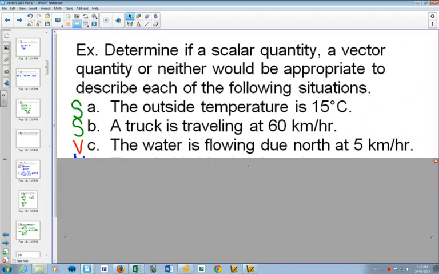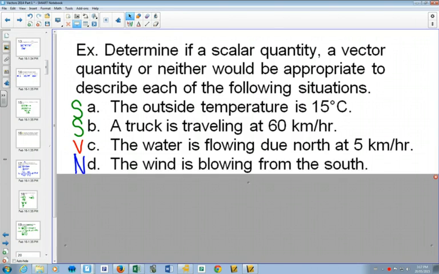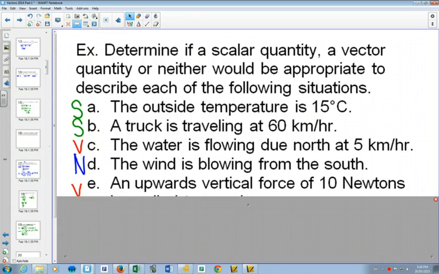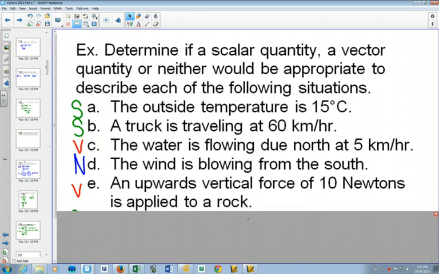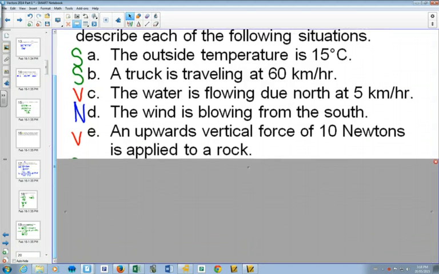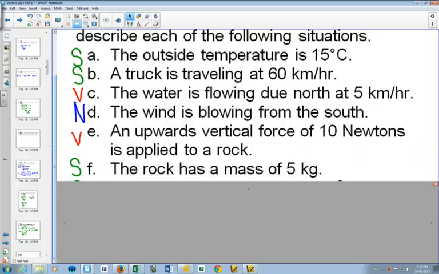Third one. It is a vector because we've got a direction north and we've got a measurement there as well, 5 kilometers per hour. This one, we just have a direction but no speed to it. This one is neither. This one is a vector because we have a direction and a force.